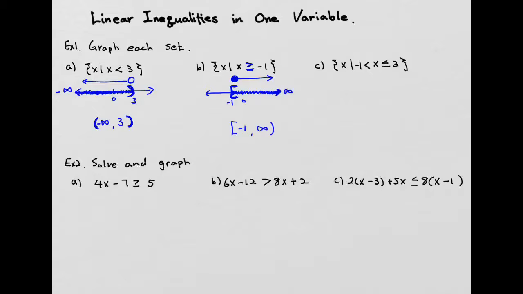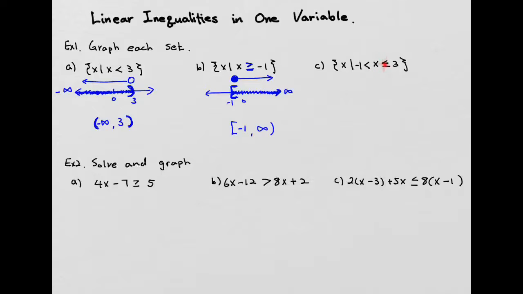What about the next one? We have x such that x is smaller than or equal to 3, but greater than negative 1. And we always read from the unknown variable. So since this one has x in the middle, you start reading from the middle.